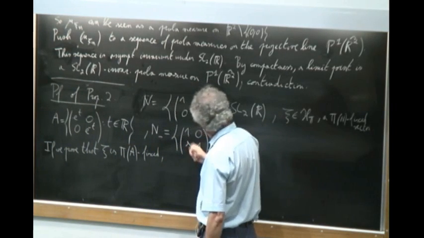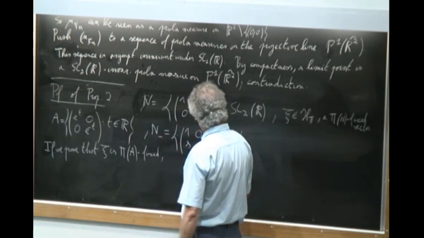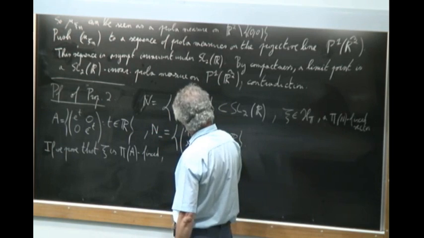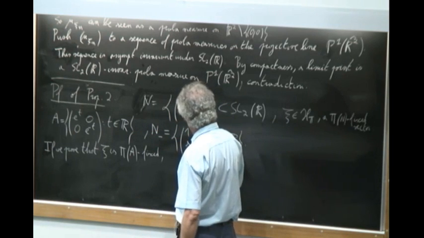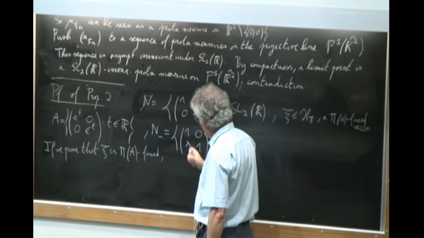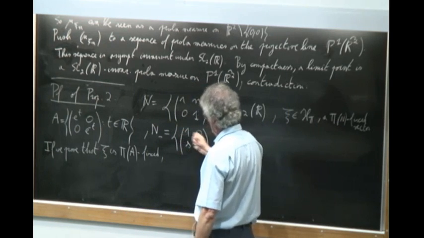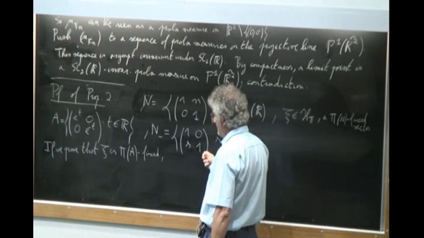Indeed, when you conjugate that matrix by a diagonal matrix, if you let t go to plus or minus infinity, you can tend to the identity. So that matrix has the identity in the closure of its conjugacy class.